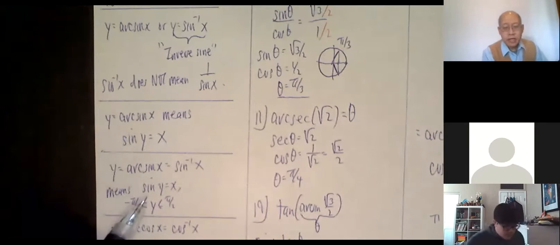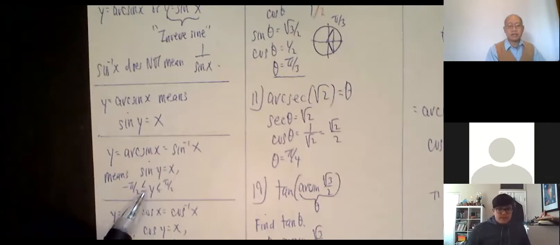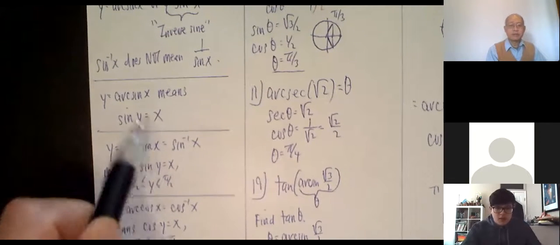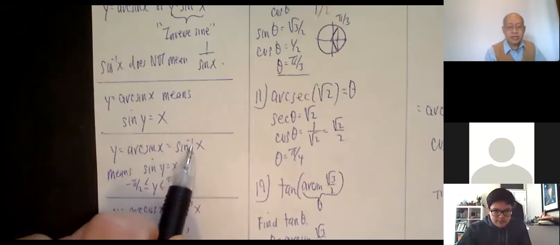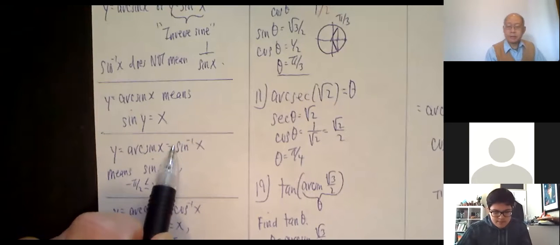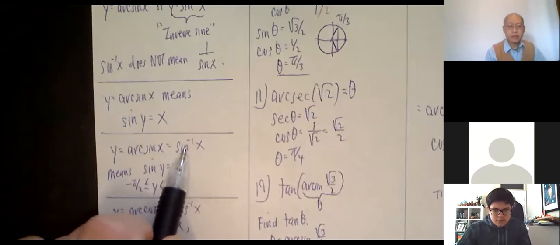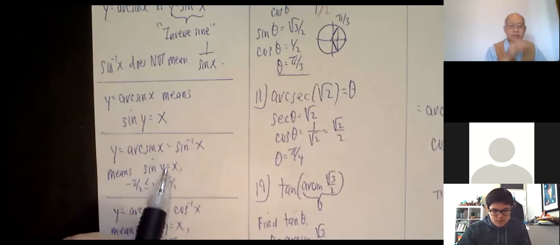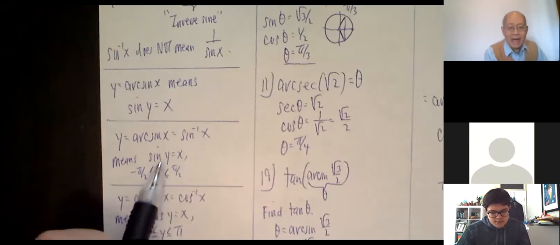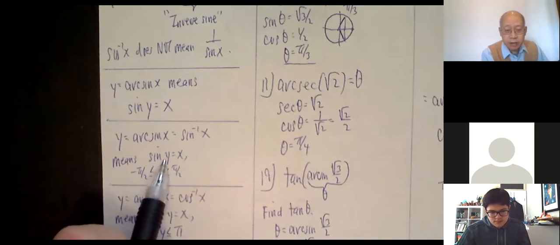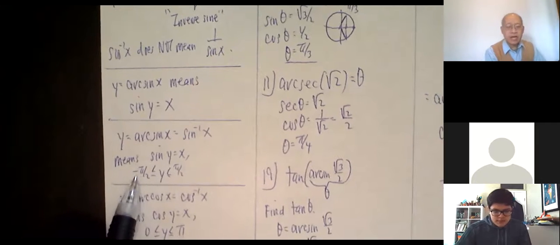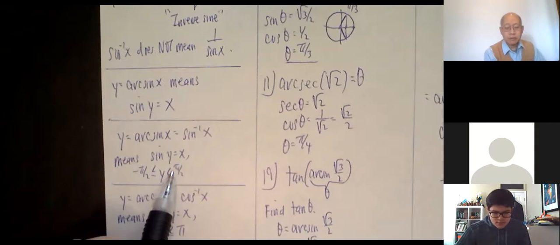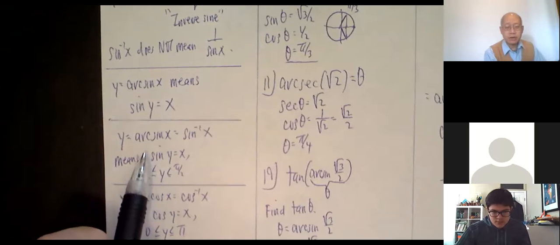Furthermore, and you might want to put this on your cheat sheet because you actually might have a conflict here. Y equals arc sine x or inverse sine x, they mean the same thing. Sometimes people say sine inverse of x. It means sine of y equals x, but the angle, so you take the sine of an angle, right? The y has to be between and including -pi/2 and pi/2 by definition of the arc sine function.